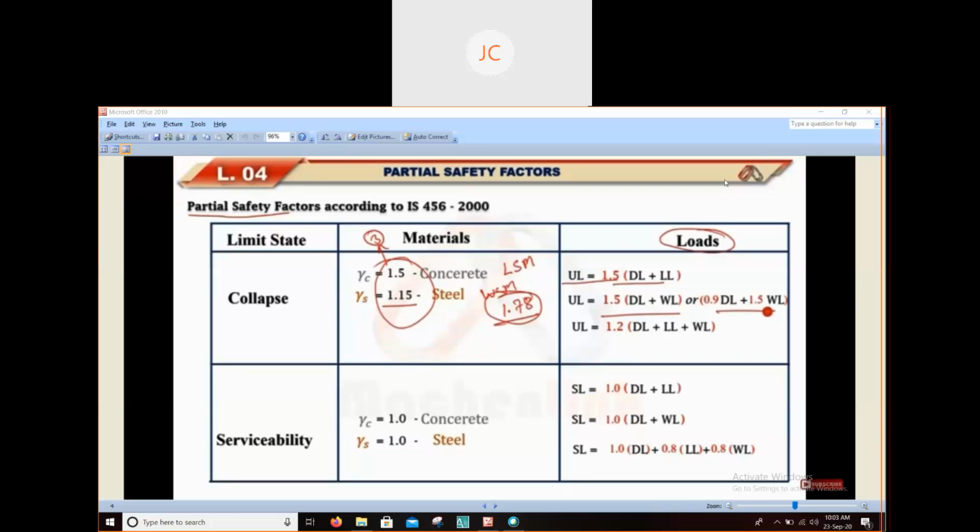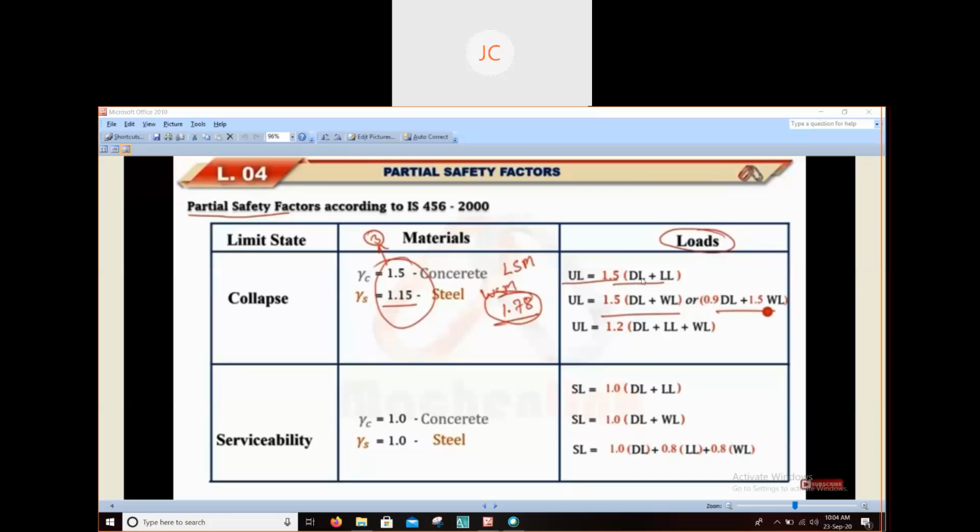Then in limit state of collapse, this is ultimate load. When you are considering dead load and live load only, we have to consider a partial safety factor of 1.5, because in designing a building we have to consider live load, dead load, wind load, everything.